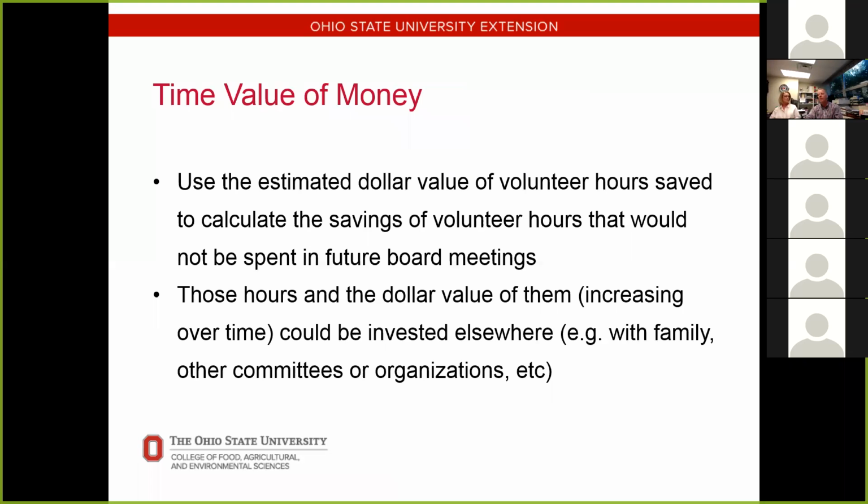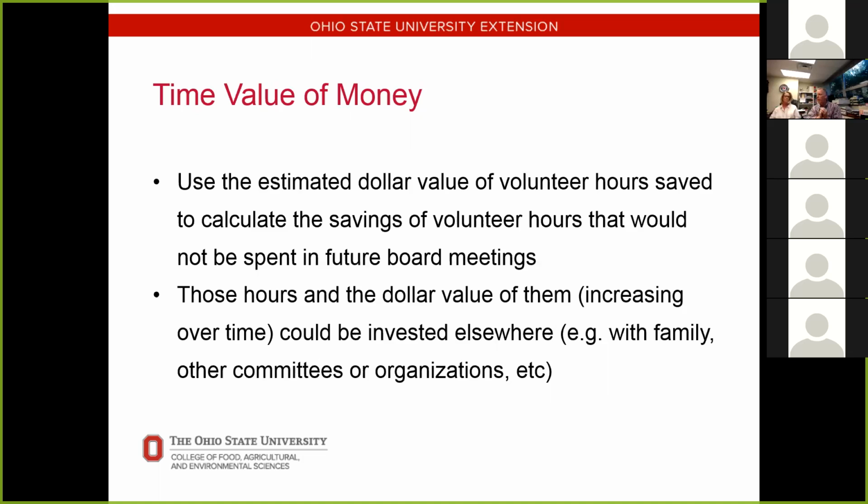Right. Good point. So a second tool that O'Neill talked about was actually doing a calculation of the time value of money. Thinking about the boardsmanship training programming example, you could estimate the dollar value of volunteer hours saved, and say that the value of these hours could be invested somewhere else.